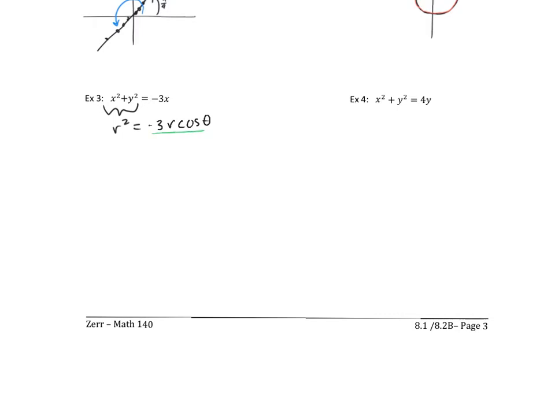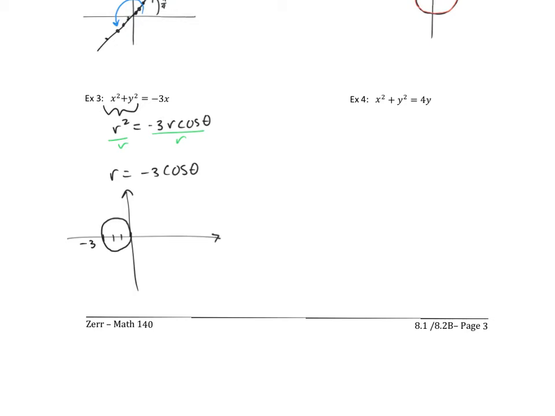And then if I go ahead and just divide by r, this would simplify down to r equals negative 3 cosine theta. And because I've done a bunch of exploring and playing around with these, I know that that graph will extend out to negative 3 because it's cosine. It'll open along the horizontal axis.